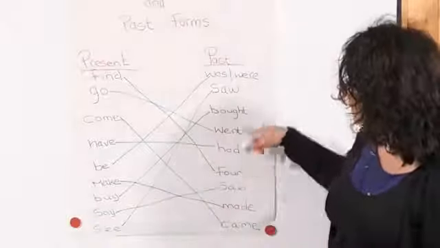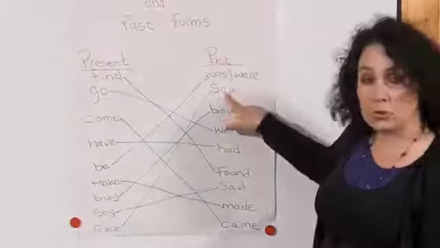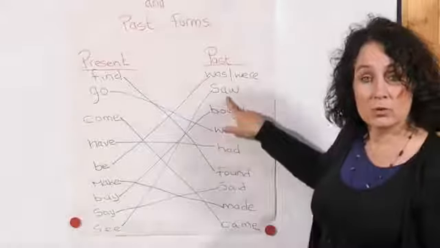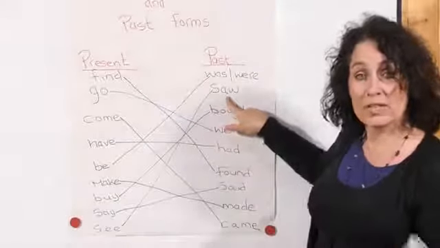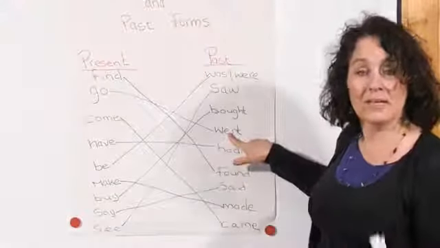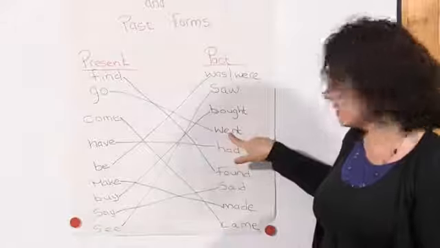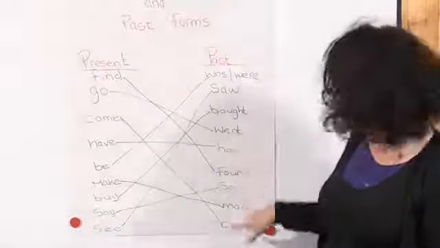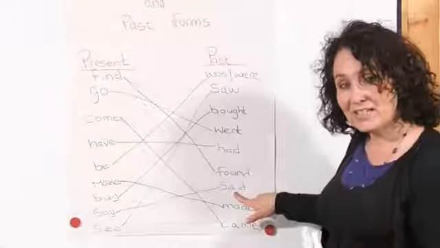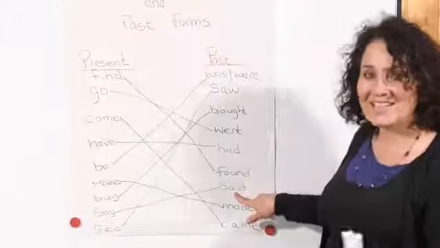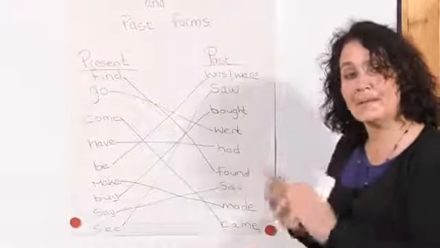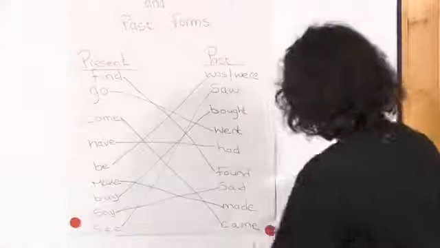So it would be I saw, you saw, he saw, they saw, we saw. I went, you went, he went, they went, we went. She said, I said, you said, he said, they said, we said. So it's the same form for all people.